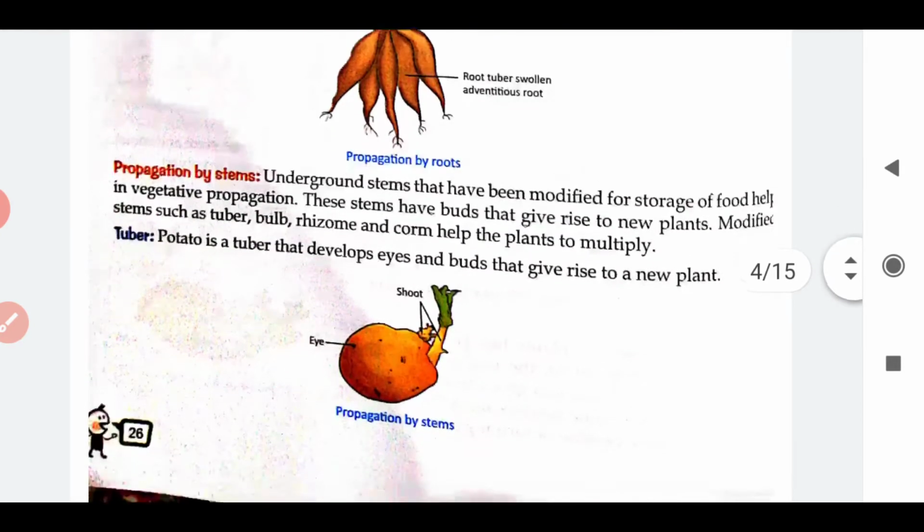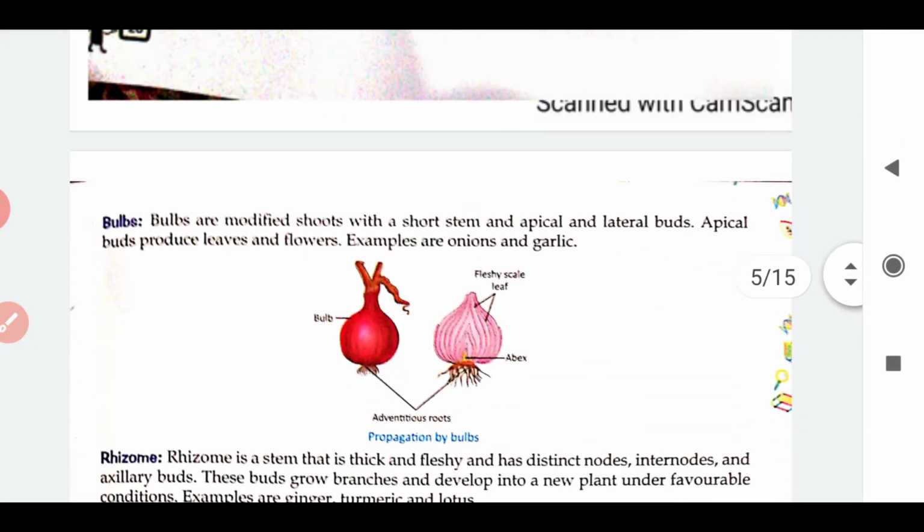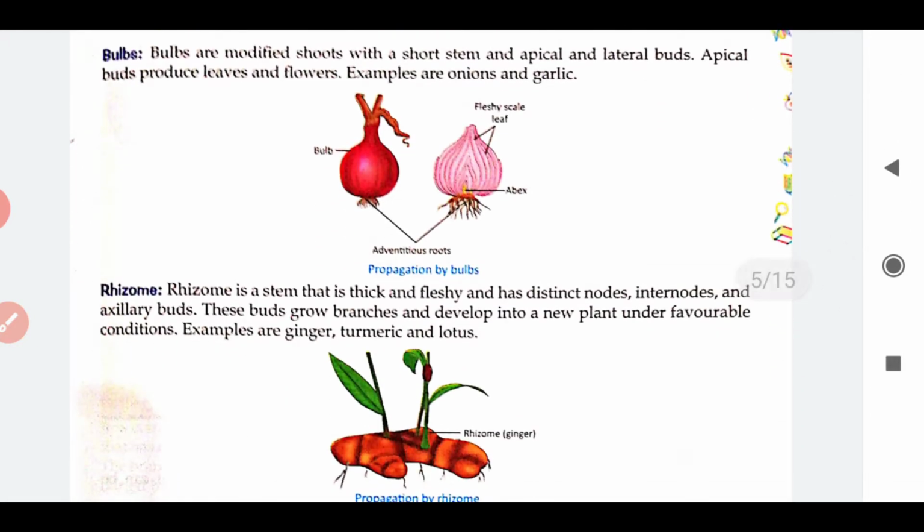Whereas in stem, we can see the potato, which is a stem in which food is stored. In favorable conditions it has bud-like outgrowths. When these stems are planted, a new plant organism is formed. In bulb, it is also a condition of the stem in which the stem is bulb-like. When planted, a new plant can be found.